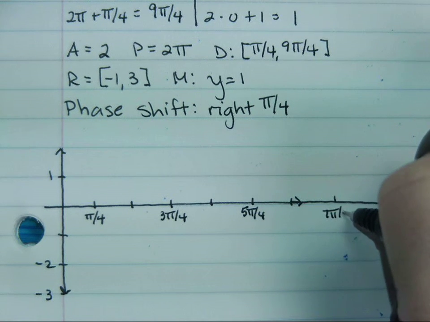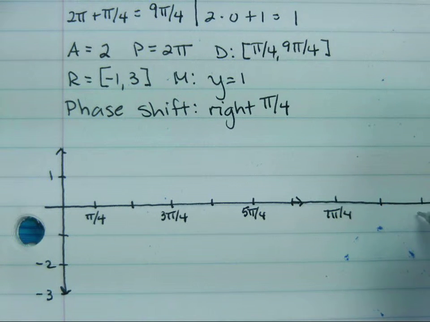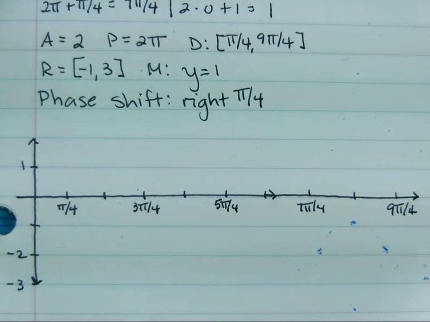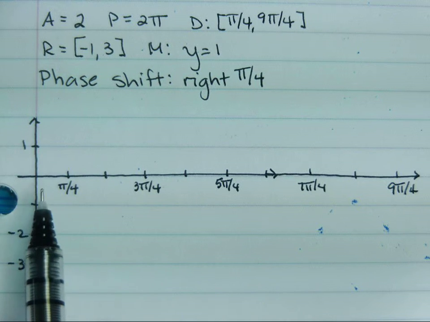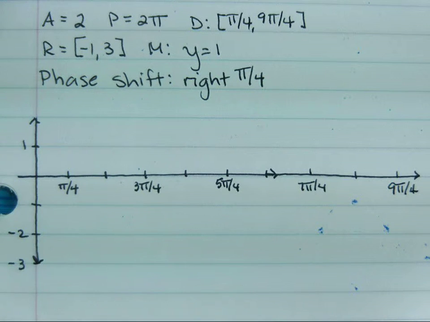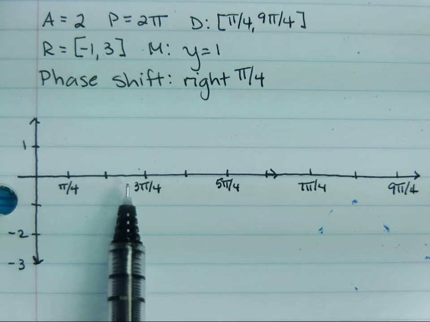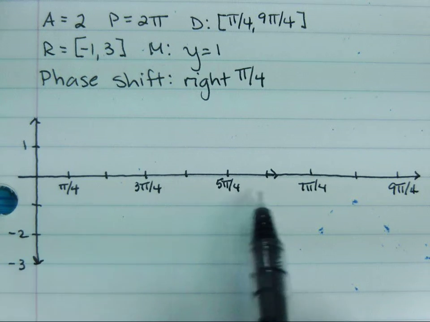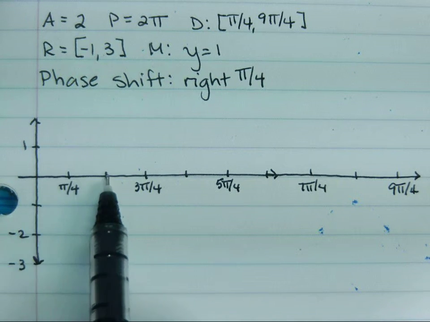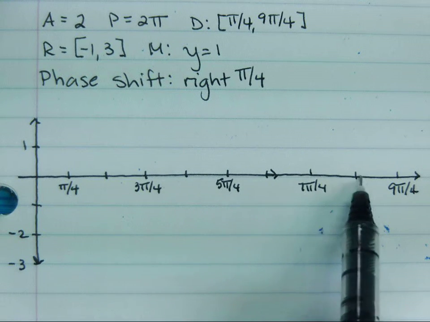So 7, 8, which makes this 9 pi over 4 right here. So when you make your graph, especially one that you have to make on your own, you need to make sure that the increments are evenly spaced, and you don't just label the ones you have sometimes with the exact numbers. All right, so they're all the denominator 4, so in terms of the numerator, I have 1, 2, 3, 4, 5, 6, 7, 8, 9.